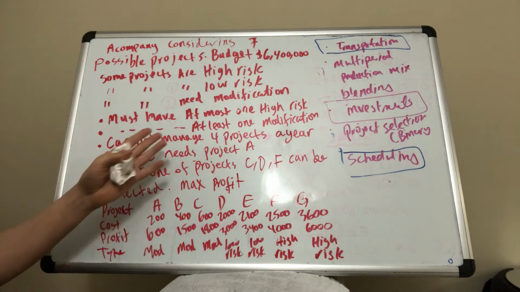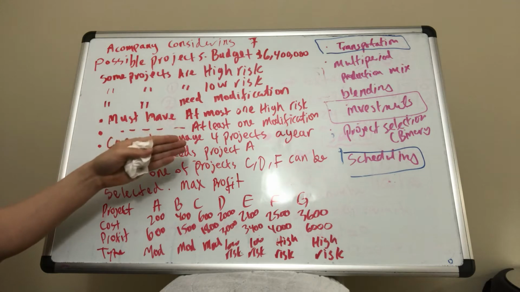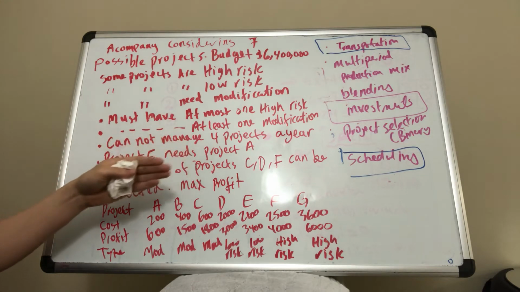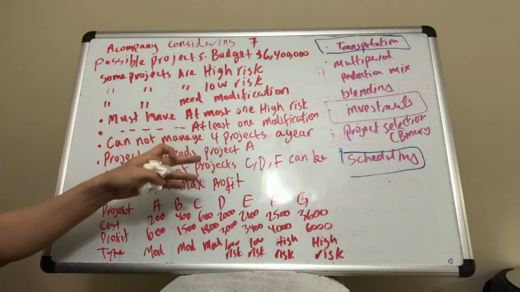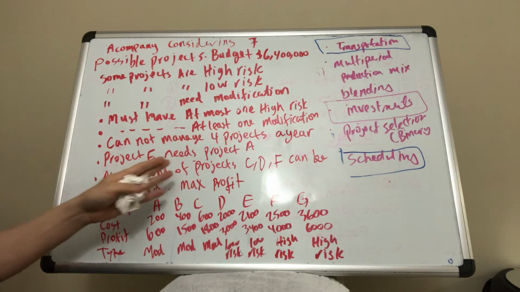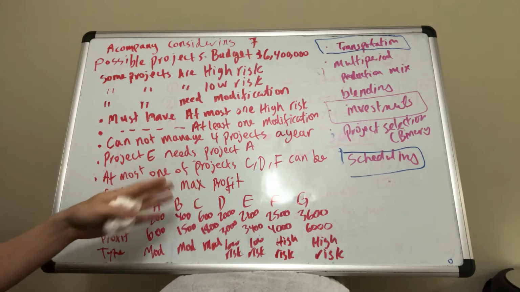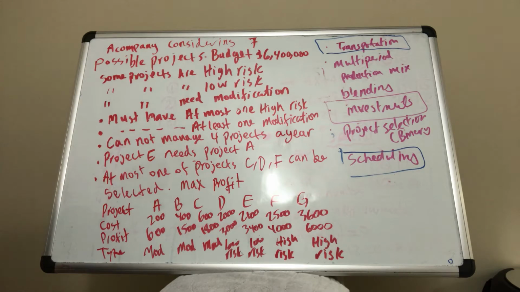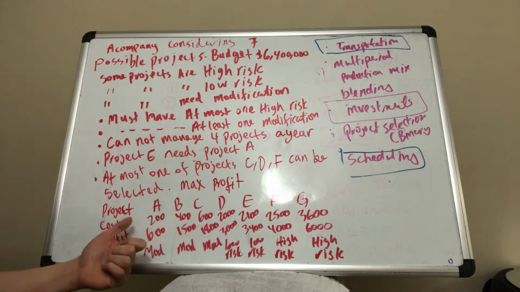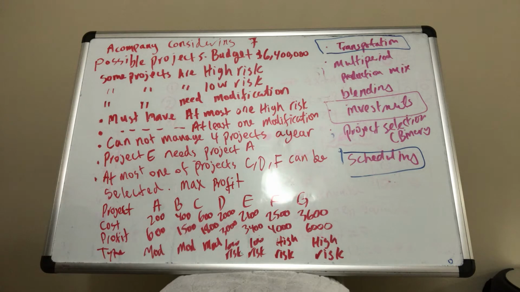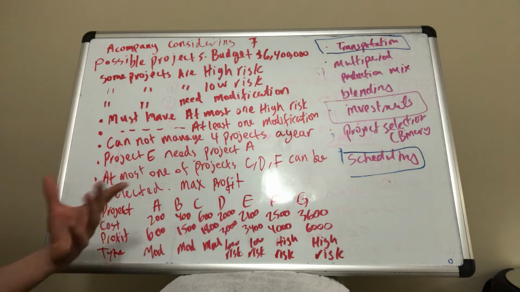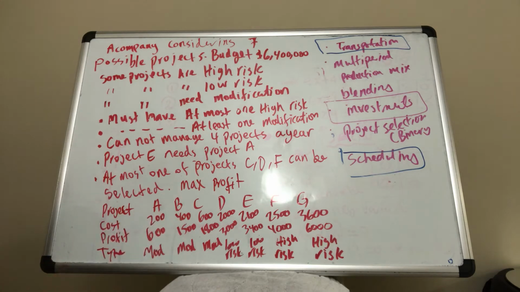Now, they tell you must have at least one high risk, at least one modification, cannot manage 4 projects a year, project E needs project A. They tell you some stuff, and you see the word that you need to select. And we're maximizing profit. Now, all these numbers, cost, profit, 200, 400, 600, they're in thousands of dollars. So this is $200,000, $400,000.